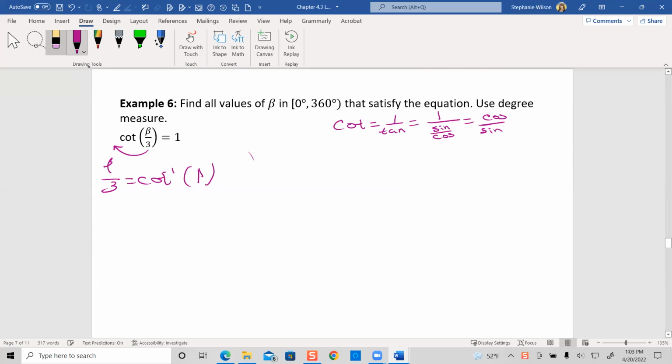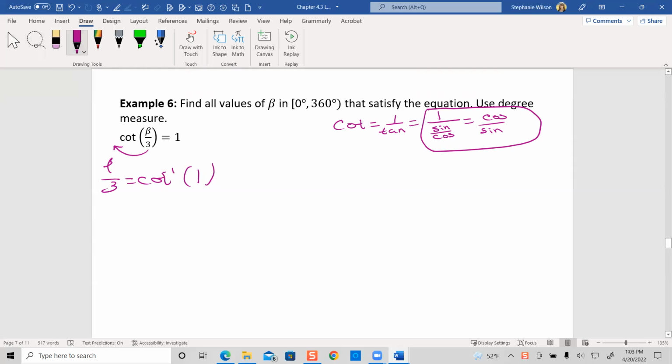We know all this. All right. So now what I need to do is look at when this here is going to actually give me an answer of 1 for cotangent.